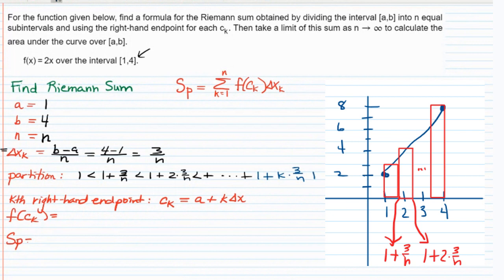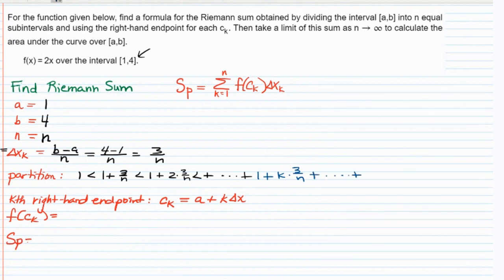And then if you were to keep going all the way to the nth subinterval, you'd have 1 plus n times 3 over n, which notice that's 1 plus 3, which is 4. So you have spanned all the way from 1 to 4, and you've created this partition, and each piece is 3 over n wide.